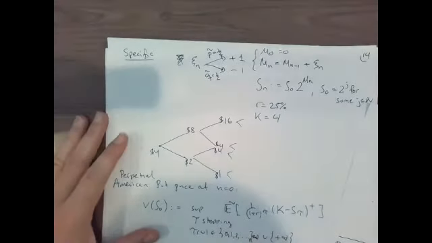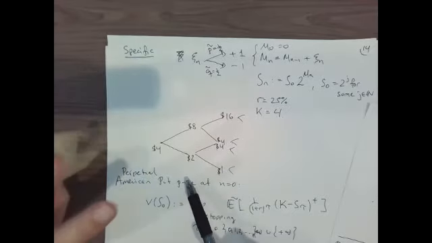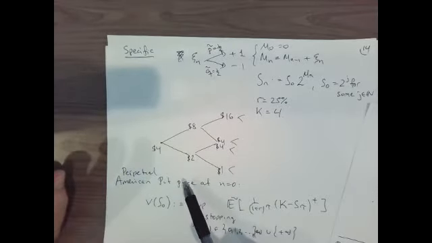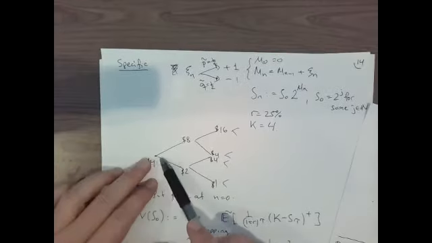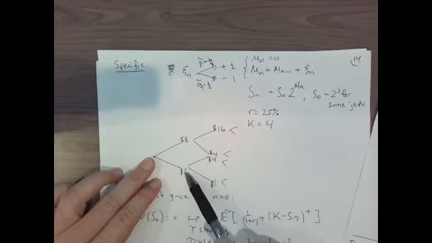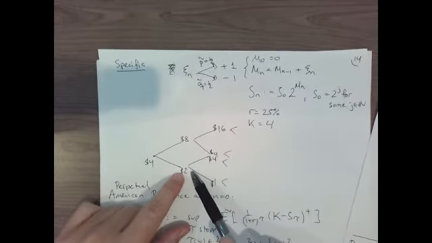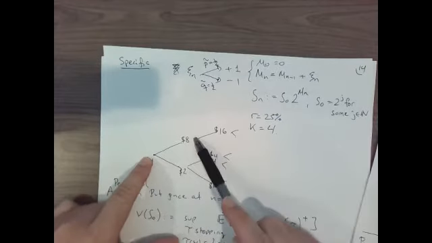Actually, I'm not sure I can follow you. At time 1, the stock price can be either 2 or 8. And I don't think you want to exercise if you're in the upstate. And you may or may not want to exercise in the downstate. If you exercise in the downstate, you're going to get a payoff of 2, and this might be good enough for you. But for sure, in the upstate, you're not going to exercise.